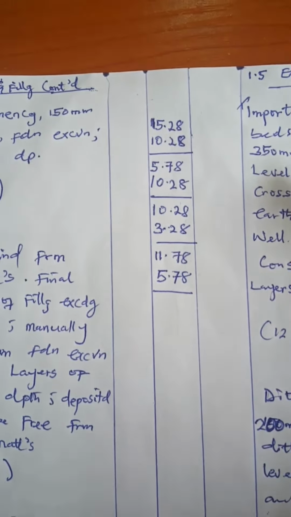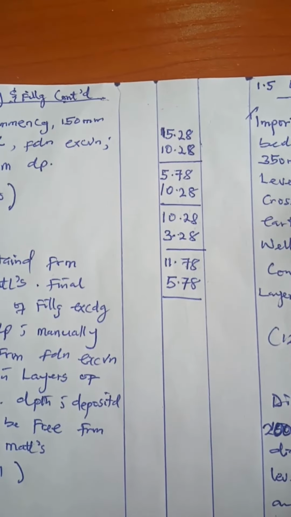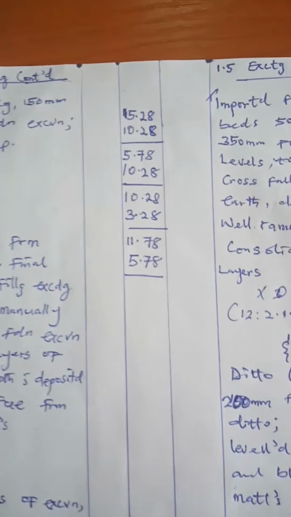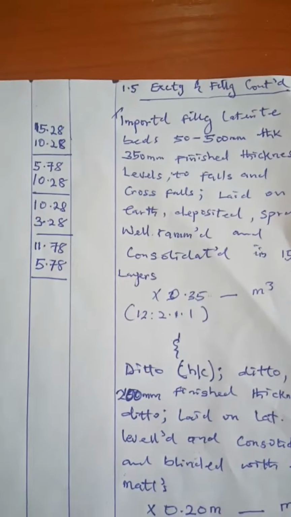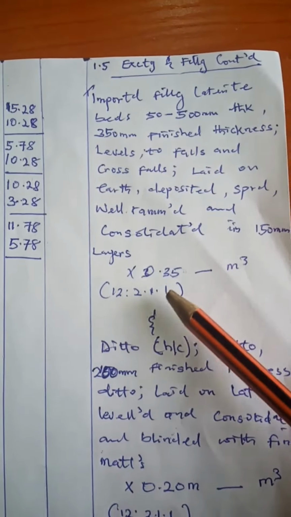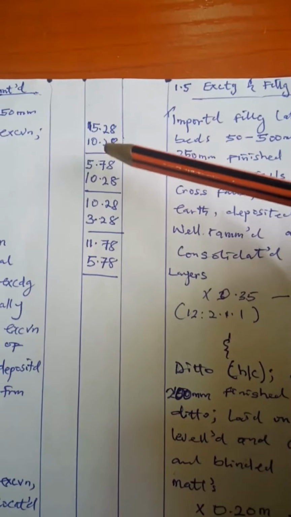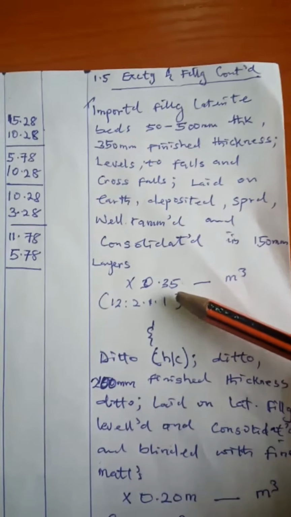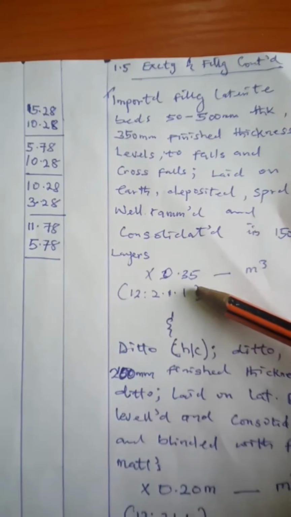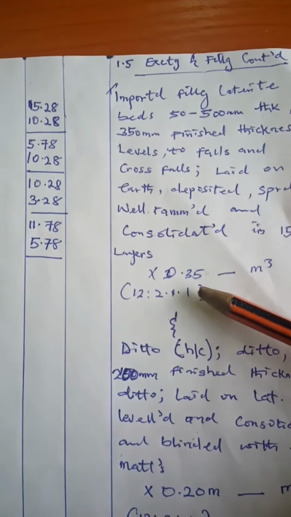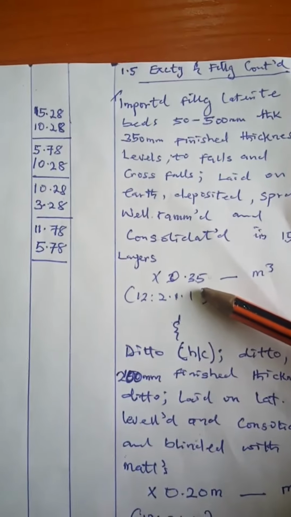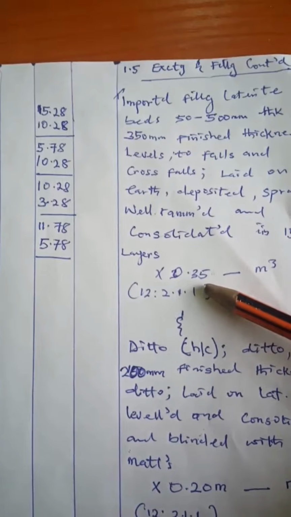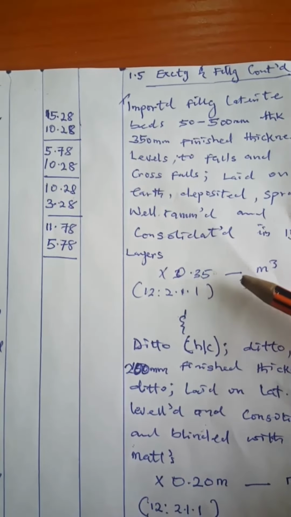And because the filling with imported laterite is considered as a cubic item or work item, that is why we will go ahead and multiply whatever area we have here with the thickness of the laterite filling, which has been given in the session. We have derived from our calculation to be 0.35. That's 350 millimeter, which is 0.35 meter.